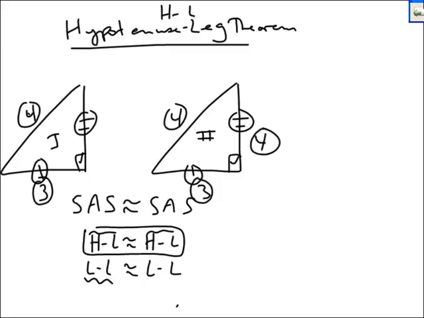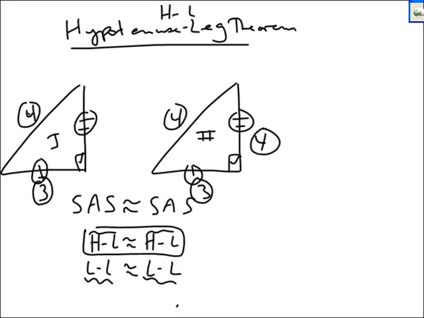If you have two legs of one right triangle, and they're the same as two legs of another right triangle, these triangles are congruent. Okay. In other words, you can say HL is congruent to LL. That you can't do. And again, right triangles.